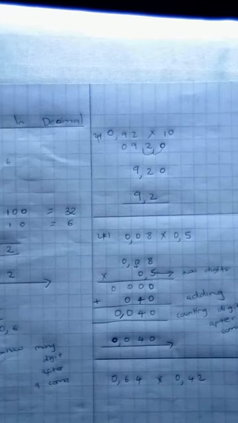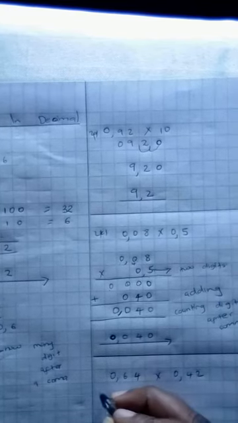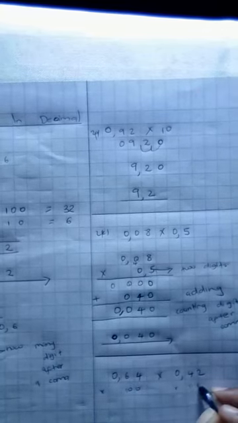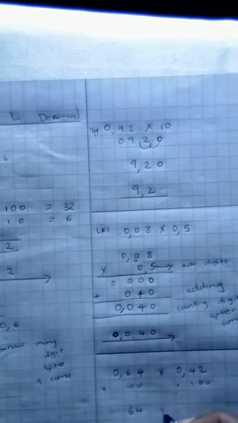First thing is to convert these decimal numbers into whole numbers. We are going to multiply them by multiples of 10. We multiply by 100 to get a whole number, right? Here we get 64. Here we get 42.